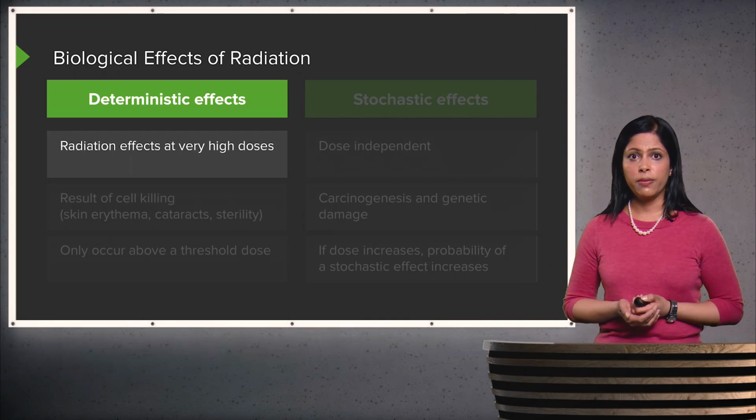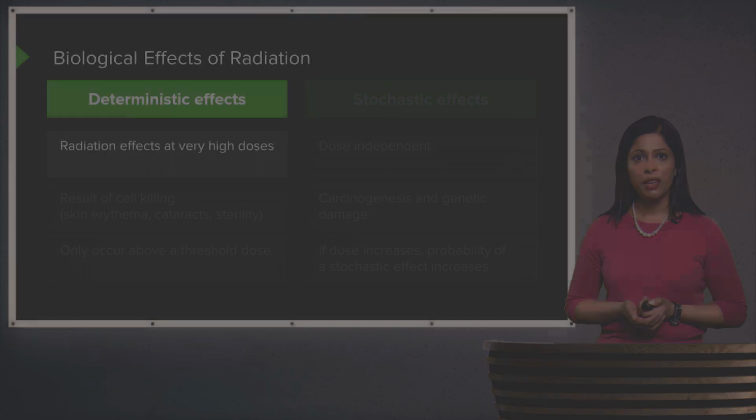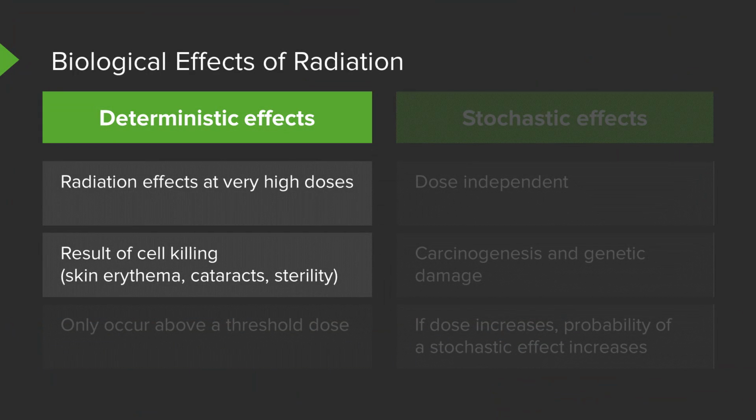So deterministic effects are effects that occur at very high doses of radiation. It results in cell killing, including skin erythema, cataracts, and sterility. And this really only occurs above a certain threshold. So with deterministic effects, you don't have any effect at all until you reach a certain threshold of radiation, and then all of a sudden you have the effects of cell killing.